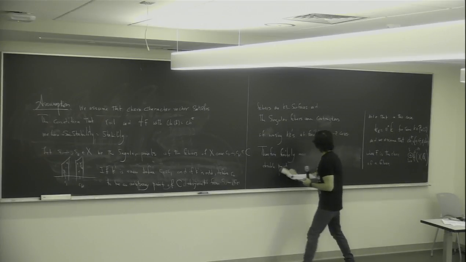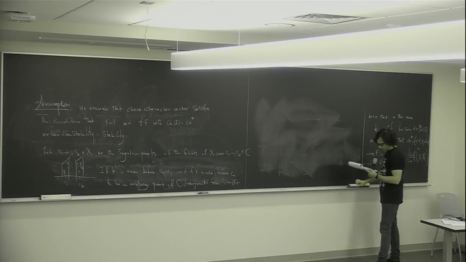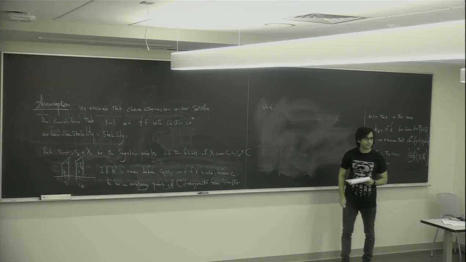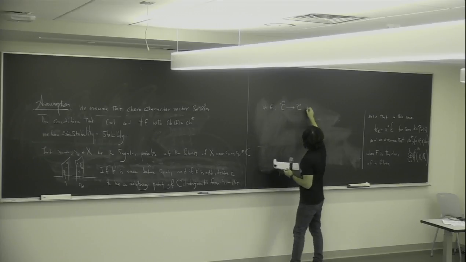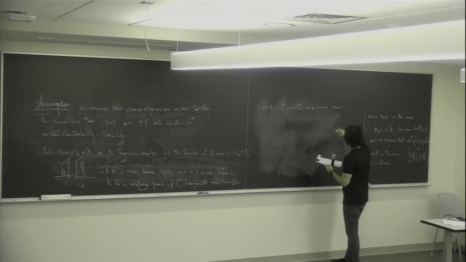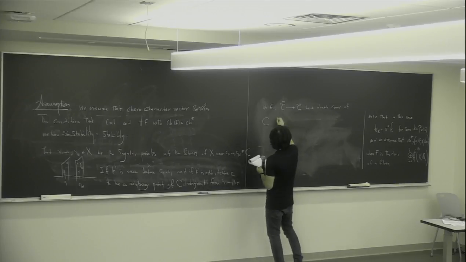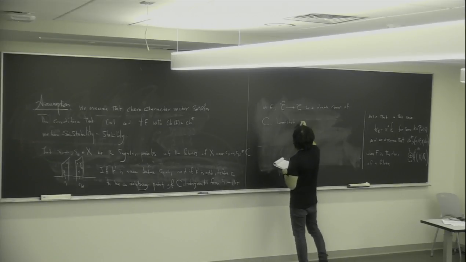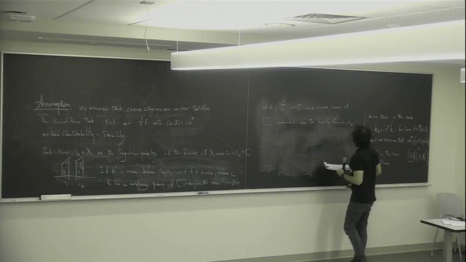And okay, now let epsilon from C tilde to C be a double cover of C branched over the points C0 to Ck'.